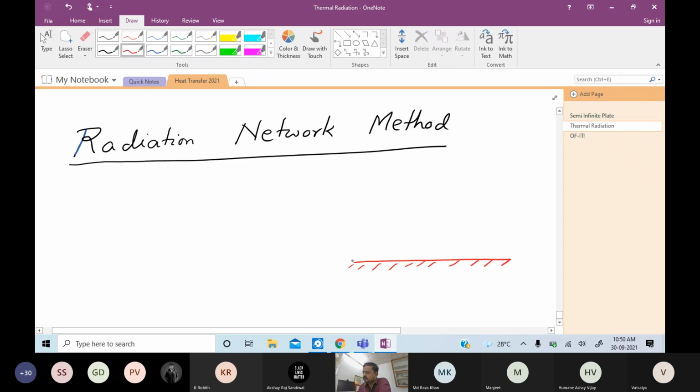This is a surface. Now, what happens? On this surface, you have an irradiation H which is falling.